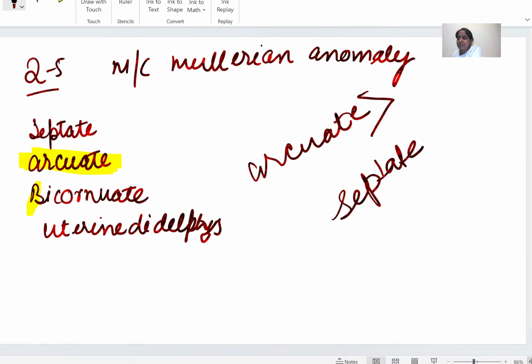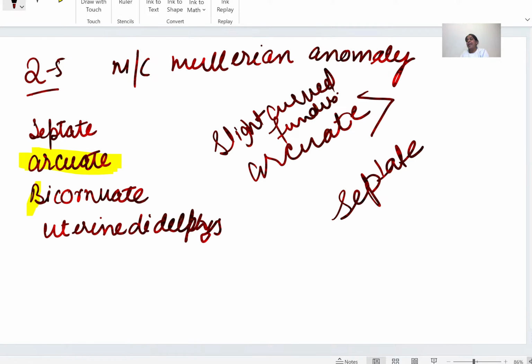Arcuate is slight curved fundus, heart-shaped uterus. Slight curved fundus usually causes no problem and it is the most common anomaly.